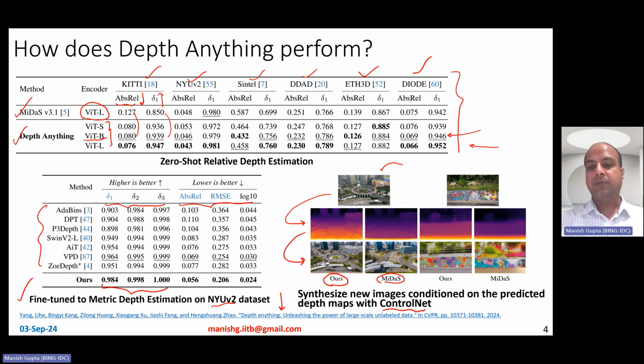And what they observe, as you can also observe, is that these images generated conditional on the depth maps obtained using the Depth Anything model are way better compared to the images generated using the MiDaS generated depth maps. Even in this particular case, this one is way better compared to the ControlNet generated image using the MiDaS generated depth estimation signal.